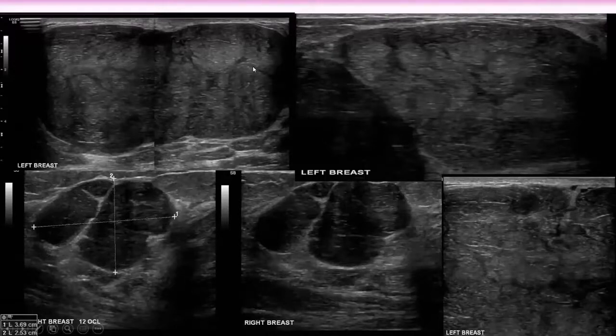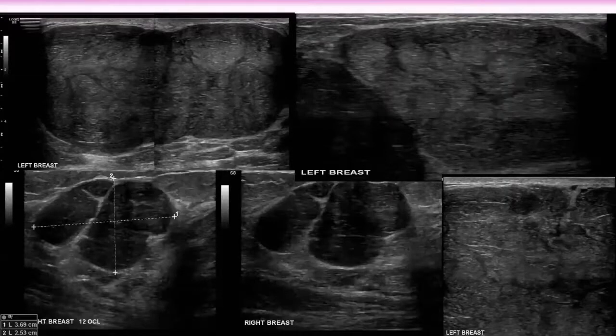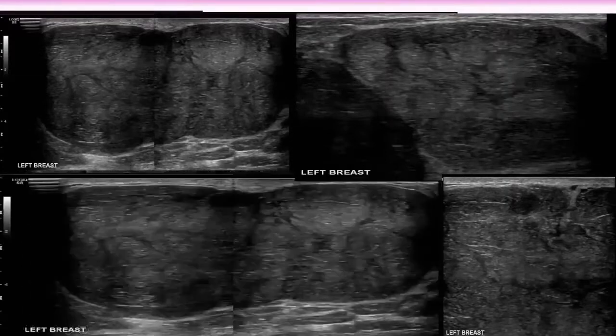Though it is circumscribed, there is an area of cystic component with adjacent focal skin thickening. If you compare it with the more homogeneous right one, this one is less typical of fibroadenoma, more in favor of phylloides tumor.